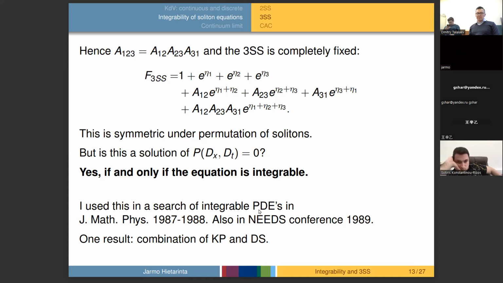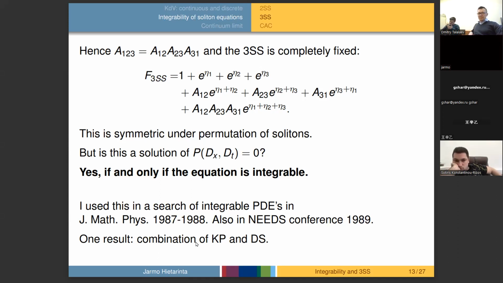And I found that all the PDEs that I get were known integrable equations, except I got maybe only 2 or 3 new ones.